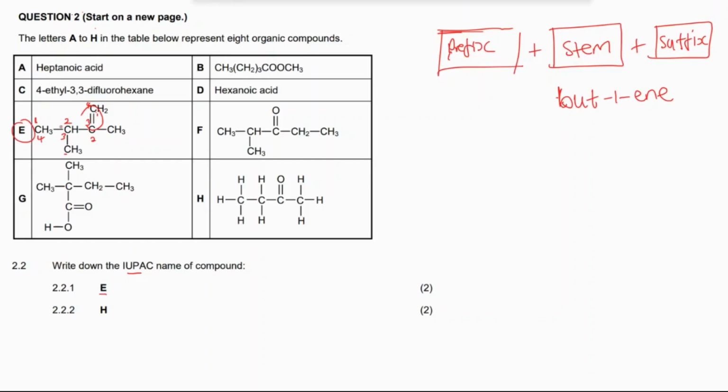If you check, we have our carbon chain, which is this, and then we have some substituents which are attached to this carbon chain. We have a methyl group, where is it? In carbon 3. And then we have another methyl group which is in carbon 2. So we have a methyl group in carbon 2, and a methyl group in carbon 3.